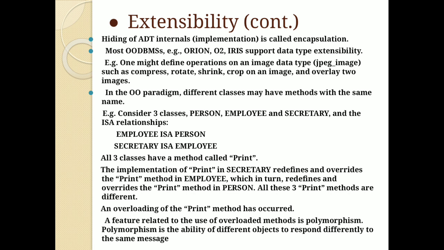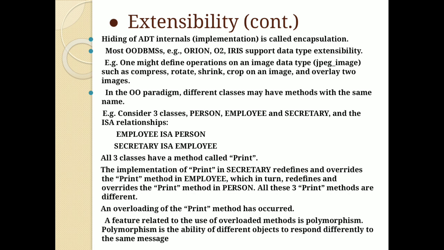In the object-oriented paradigm, different classes may have methods with the same name. For example, consider the three classes person, employee, secretary, and the association relationships. Employee is a person, secretary is an employee.